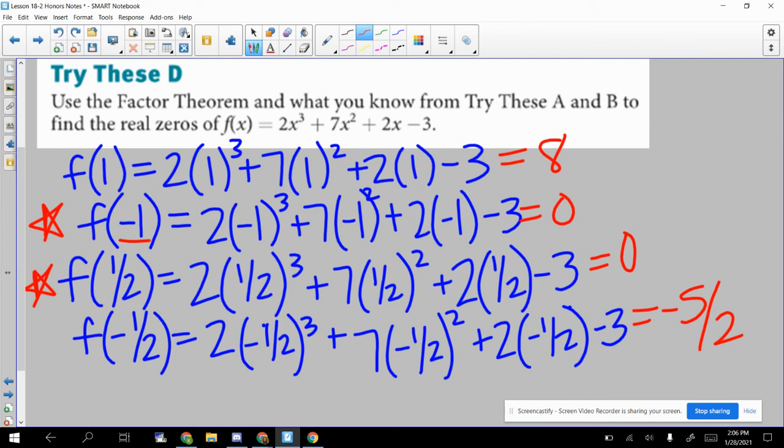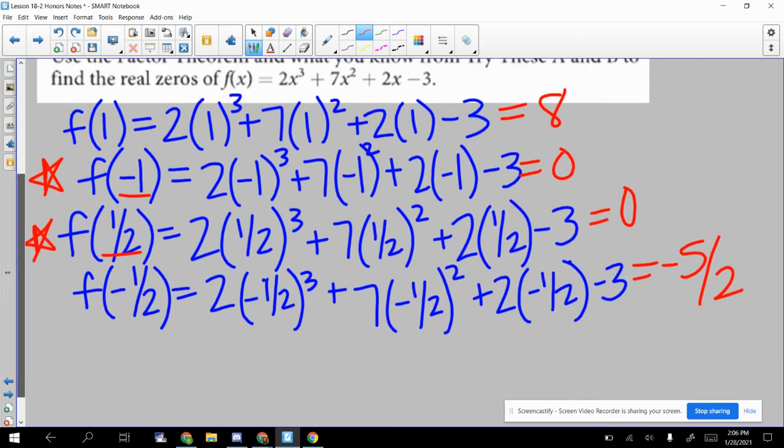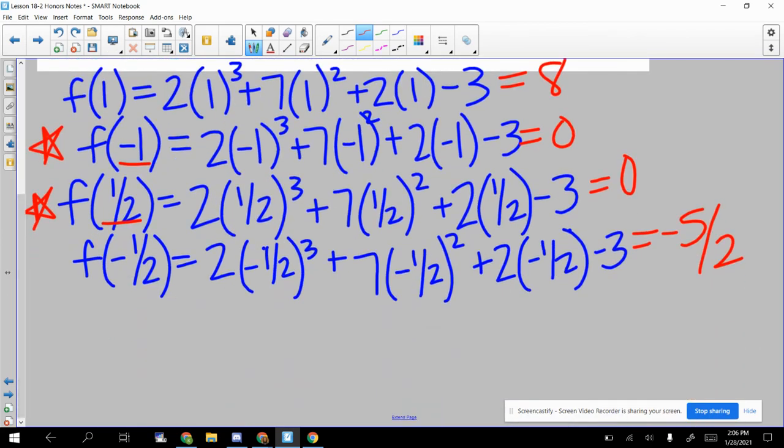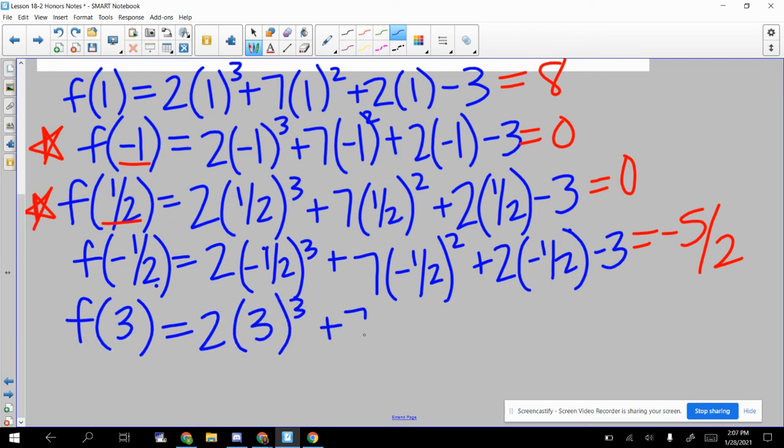So we've got -1 and 1/2, and then next we would test 3 and -3. So I go back here and test these out.